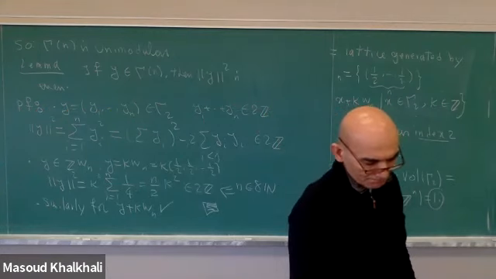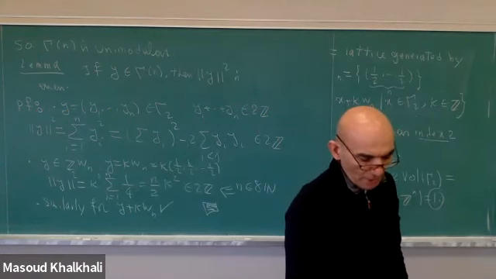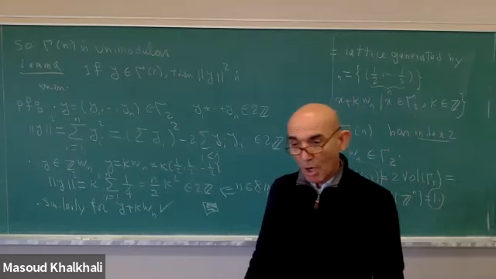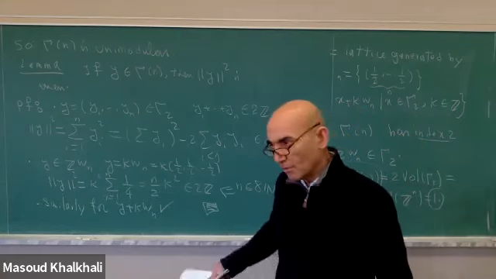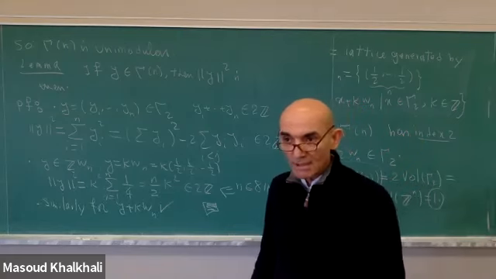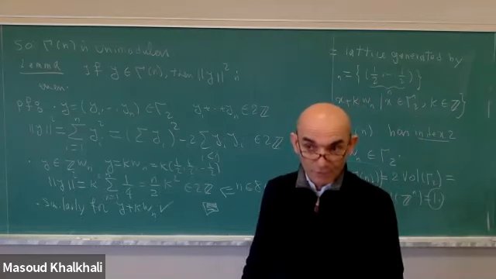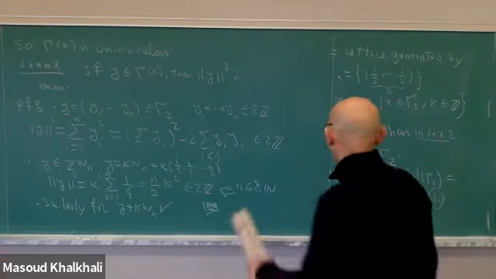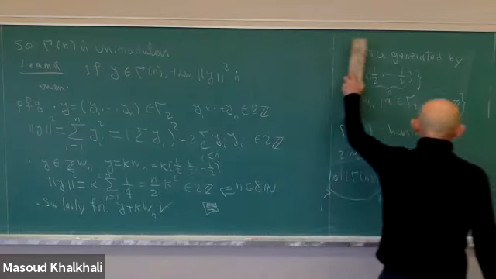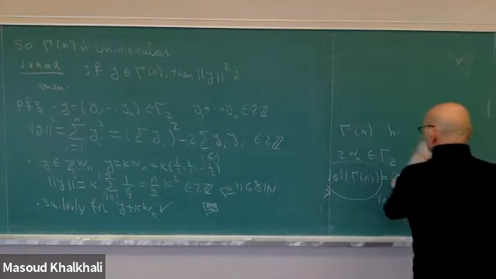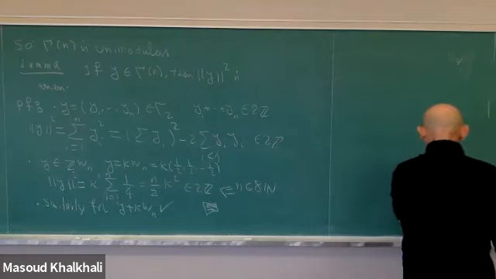Now we have to show that gamma n is not only unimodular, okay, unimodularity was easy, but is actually self-dual. In other words, gamma n star is equal to gamma n. This lattice is self-dual.